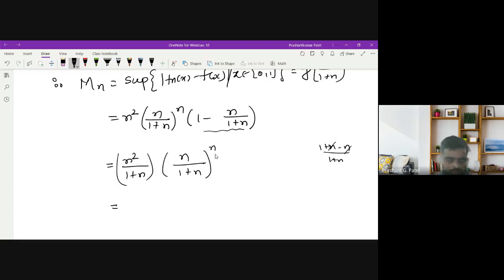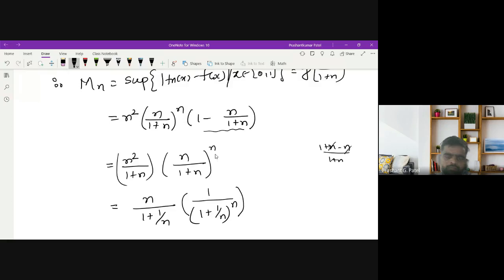So this gives you n upon 1 plus 1 by n, if I divide by n in the numerator and the denominator. And this quantity I can also write as 1 upon 1 plus 1 by n whole power n. Here I have divided by n power n in numerator and denominator. So that's why we have this.